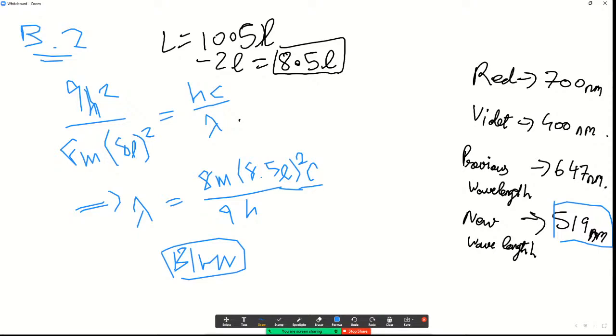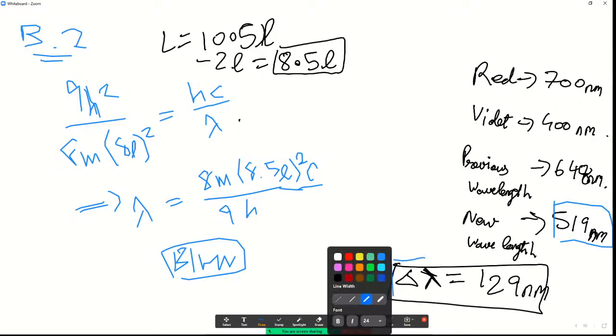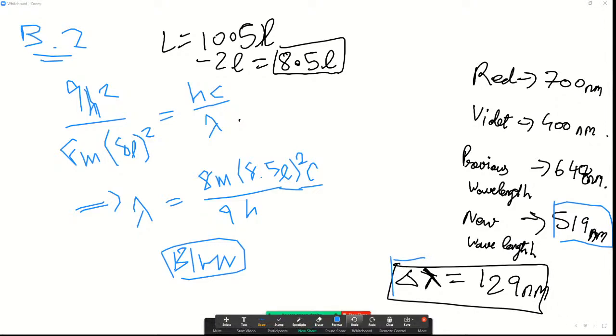Also, we have to calculate delta lambda. So delta lambda would be 47. Wait, 648. 648 minus 519, which is 129 nanometer. And this should be the answer.